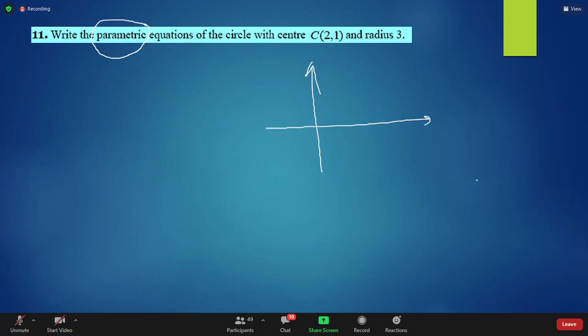So that would be the point C, the radius is greater than. So evidently that would be something like this. It doesn't matter what it looks like exactly. What matters is evidently we need to find some kind. So this is 2 and this is 1. So we need to find a way of writing the parametric equations.